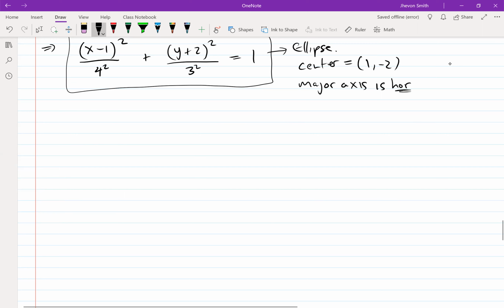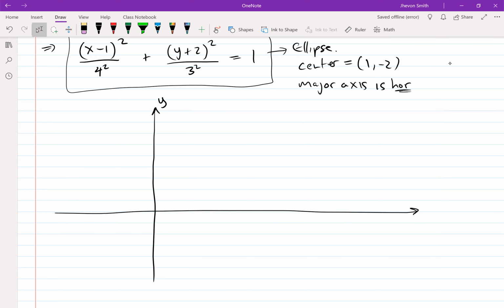The center is 1 comma minus 2. So maybe I should have drawn that a different way. It's going to be underneath a little bit.